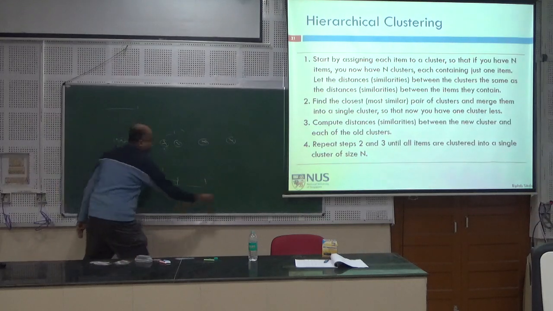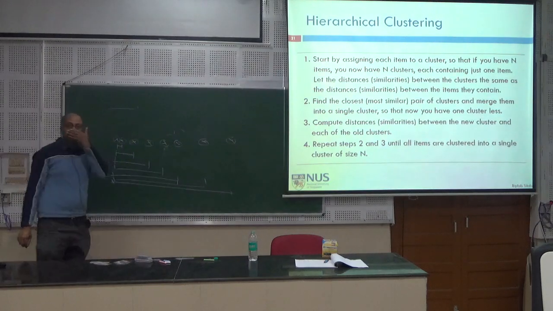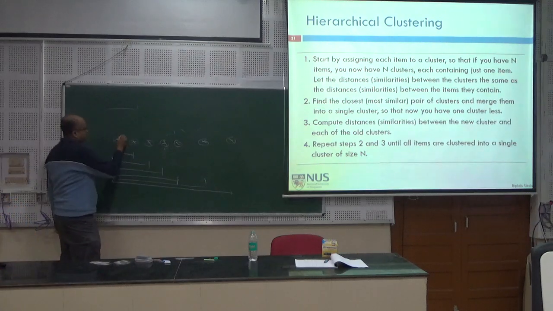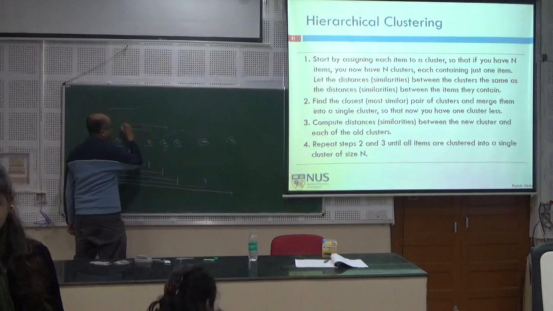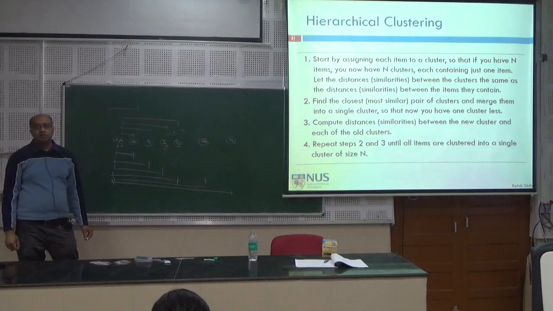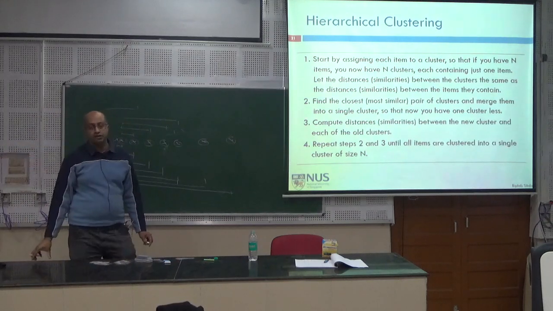So for the first cluster, I have evaluated the distance to everybody else. I'll do the same for the second one. For the second one, this is the distance, this is the distance, and so on. So for every cluster, I figure out the distance to every other cluster.